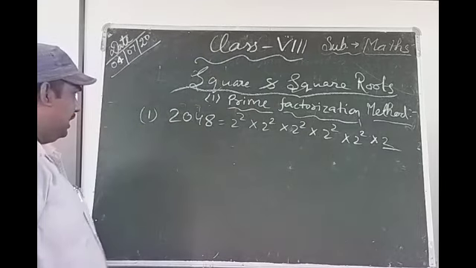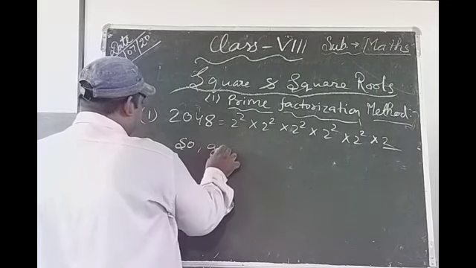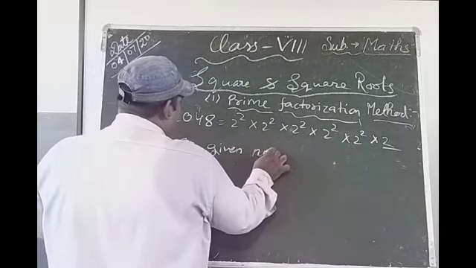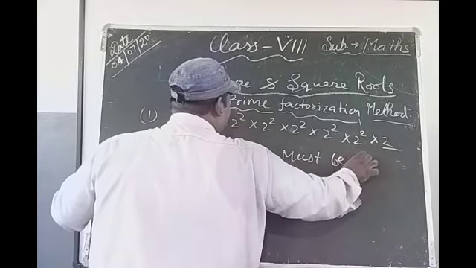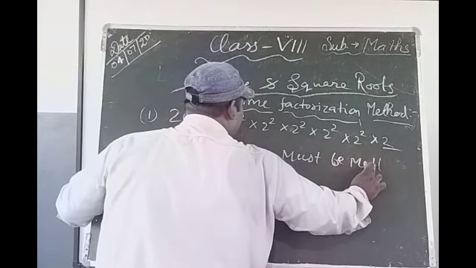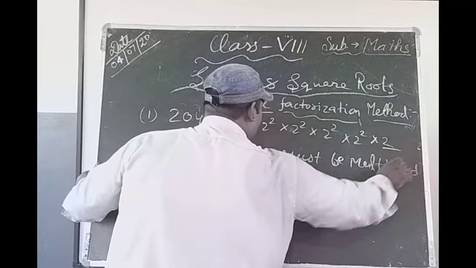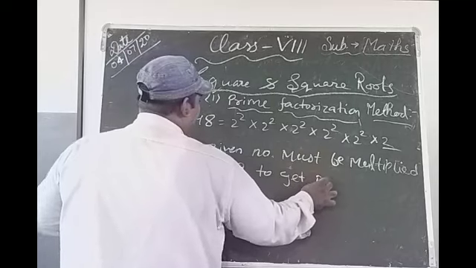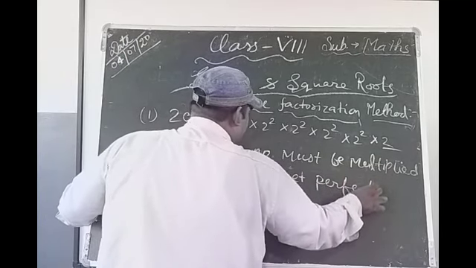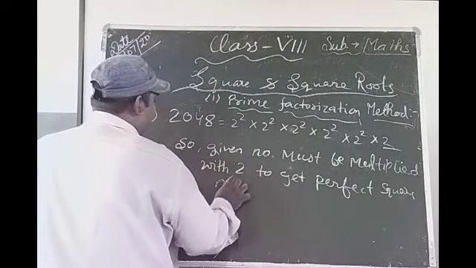2 is alone here. So we write, the given number must be multiplied with 2 to get a perfect square number.